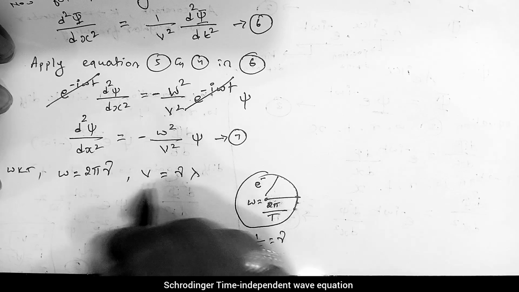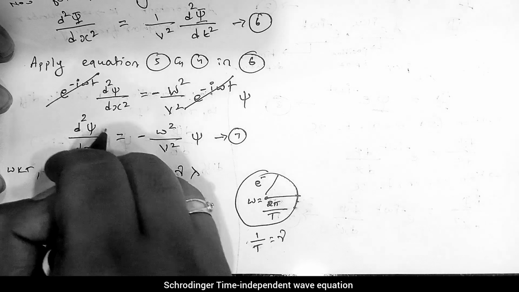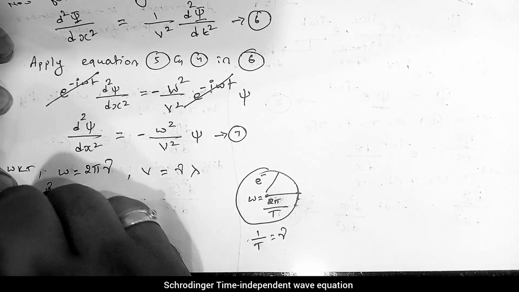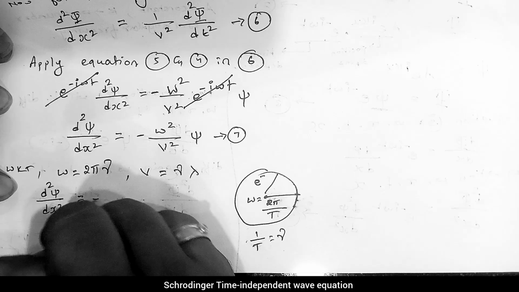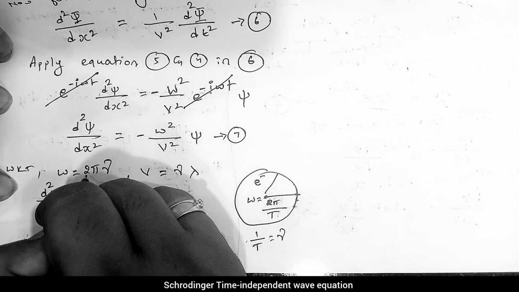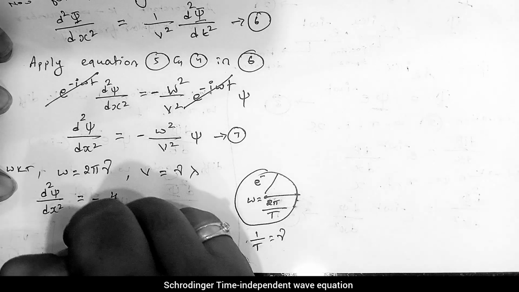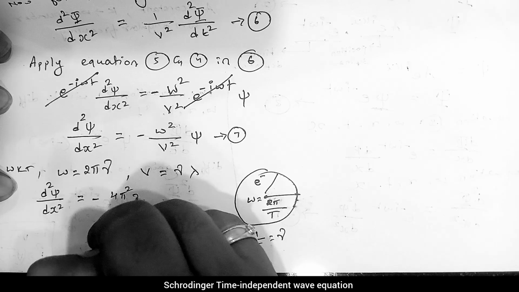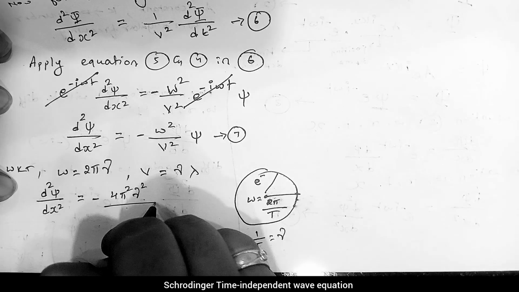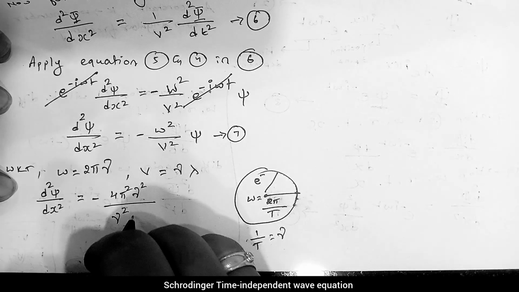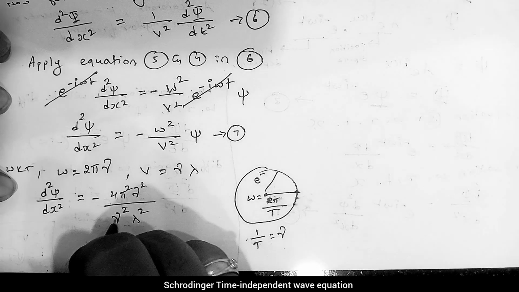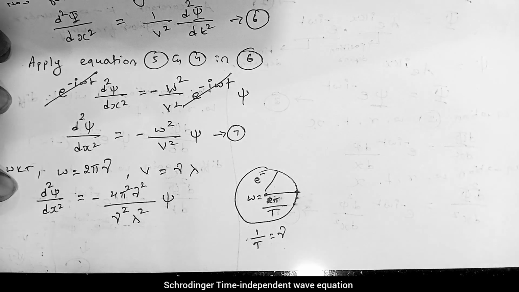So I will take these two and apply them in the main equation. So what will be the equation? d square psi divided by dx square is equal to minus of, in omega square, 2 times 2 is 4 pi square and mu square, divided by, in place of v square we will use mu square and lambda square, into psi.